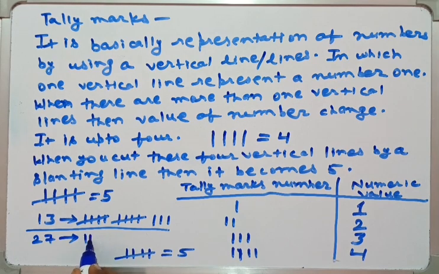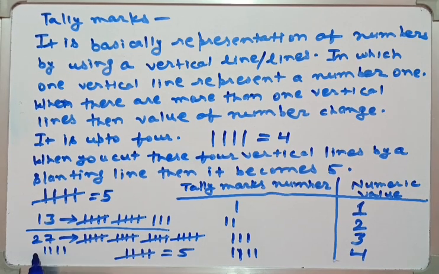You have to draw first five fives. Here 5 plus 5 is 10, 15, 20, 25, then again 2 more vertical lines. So the value of 27 can be written in this way in tally marks.